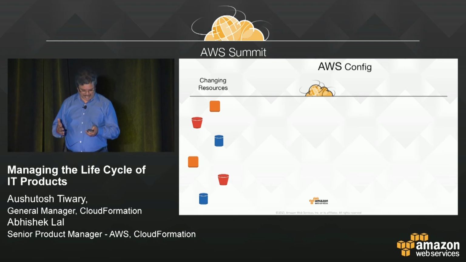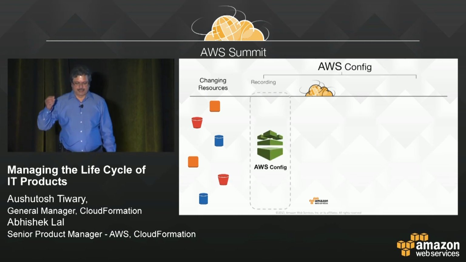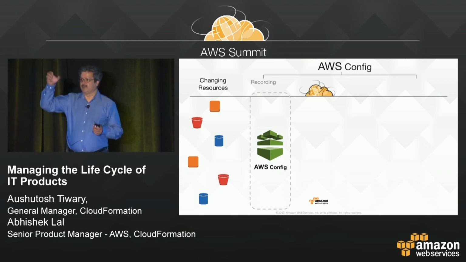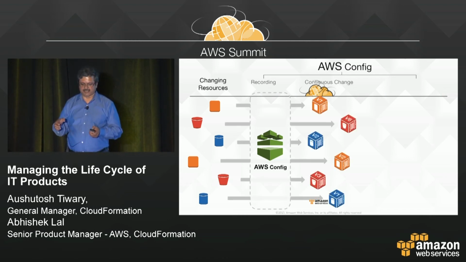So essentially what's happening here is there are resources on the left-hand side. AWS Config sits in the middle as changes are happening to those resources. So there are different versions of each of these resources. AWS Config is actually sitting in the middle of that pipeline and recording these events.